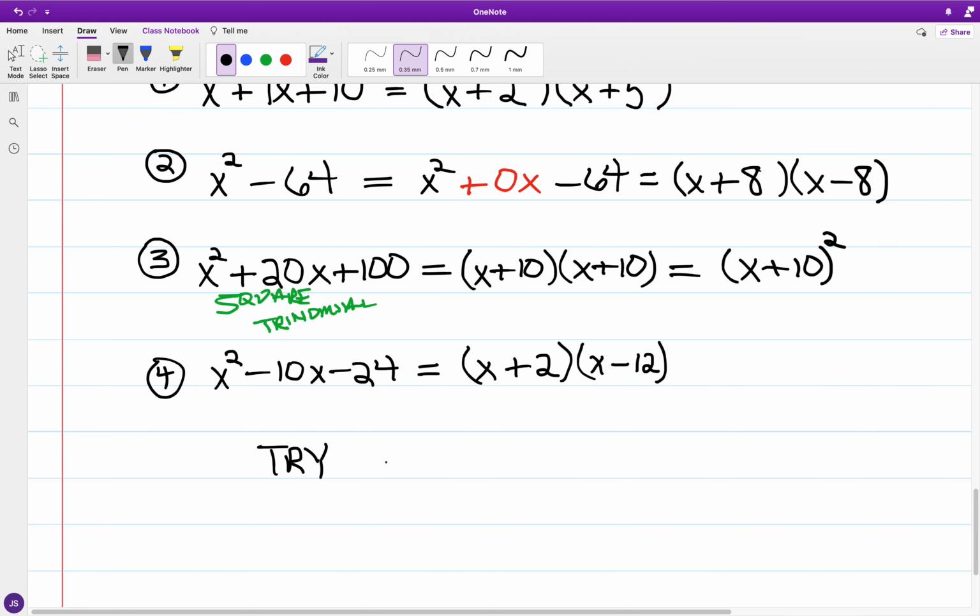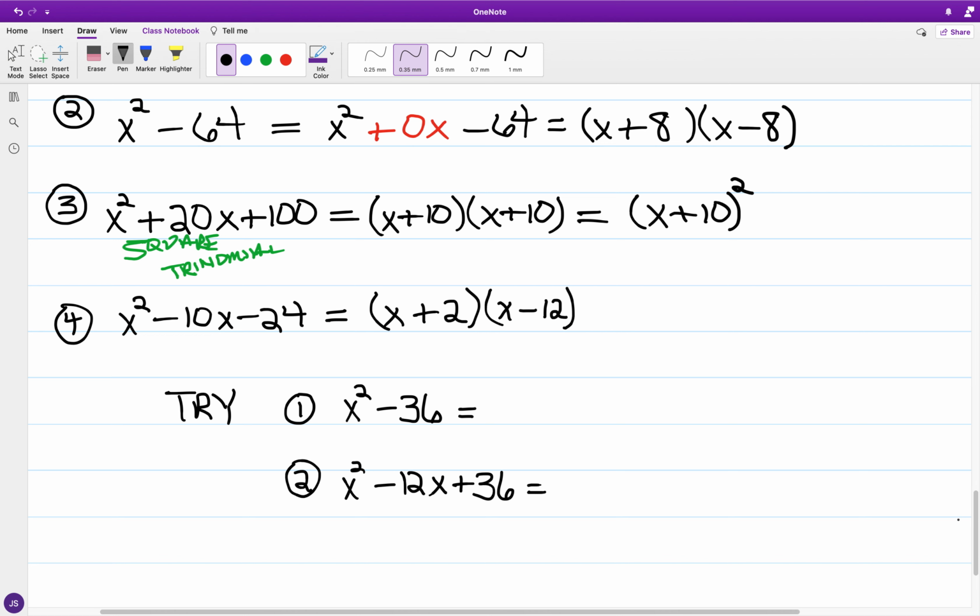But for what we have in the meantime, let's see what we get for factoring, say, x squared minus 36 as well as x squared minus 12x plus 36.